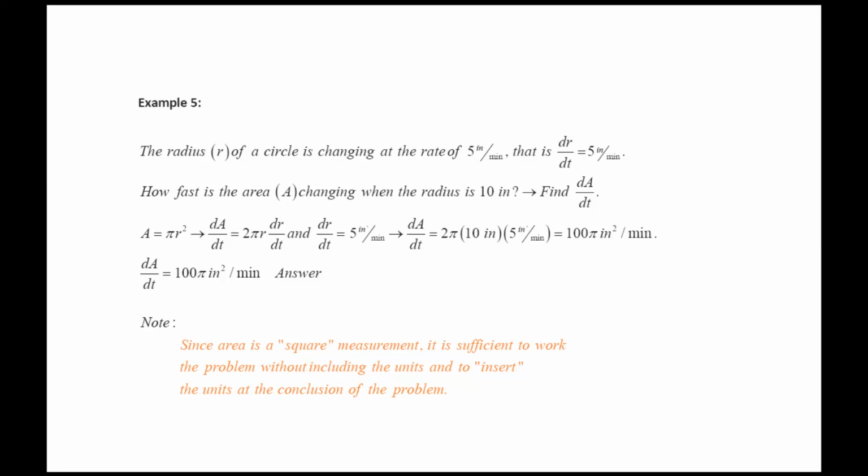So we're going to wait until the end, and we're going to reason out what the units should be based on what we were given and what we're looking for. In this case, it's area, so it's square inches. Why inches? Because we were told inches. Why minutes? Because we were given the problem in terms of minutes. So just to caution you, you need to check with your instructor or your textbook before you begin to do that.